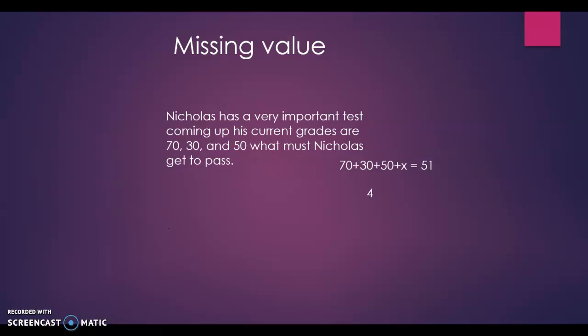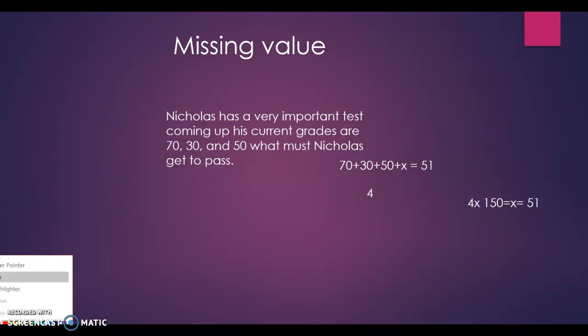And we have this 4 here because it's division. So the next step is that we do 4 times 150 plus x divided by 4, but since there was another 4 here, we could actually cancel these out, but then we would have to do 4 times 51.